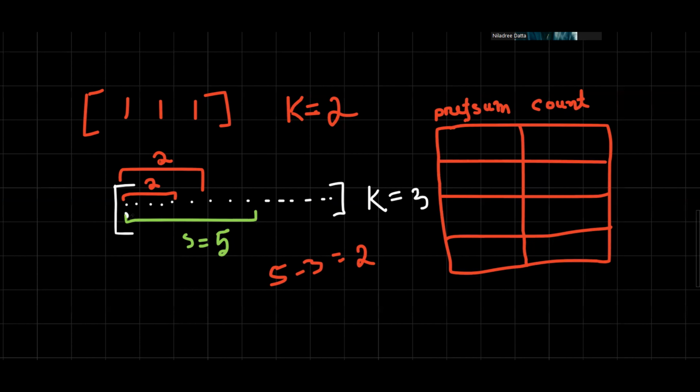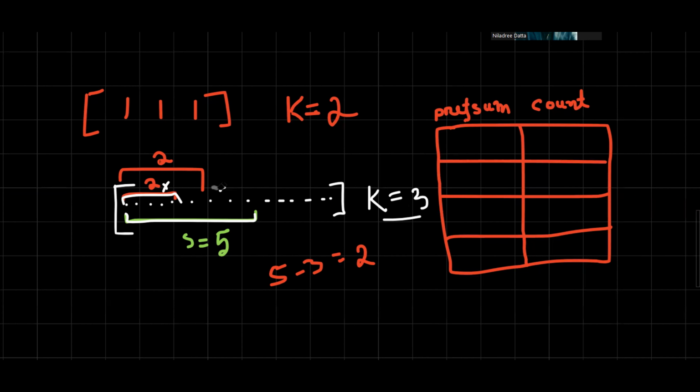Suppose this portion has the prefix sum of 5, right? So if we discard this portion which has the prefix sum of 2, we can say that this portion of the array has the prefix sum of 3. So it is one possible subarray which has the sum exactly equal to k. This is one possible scenario.